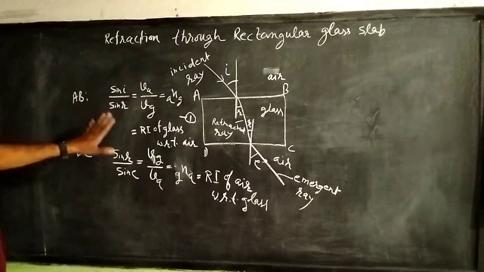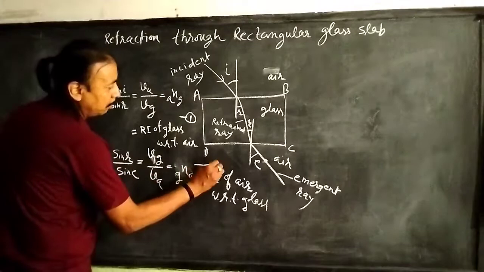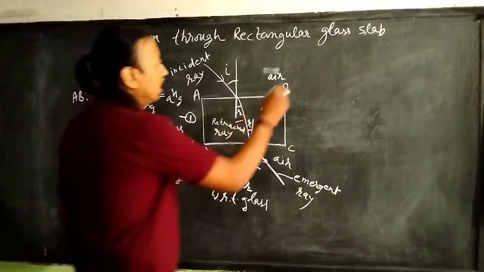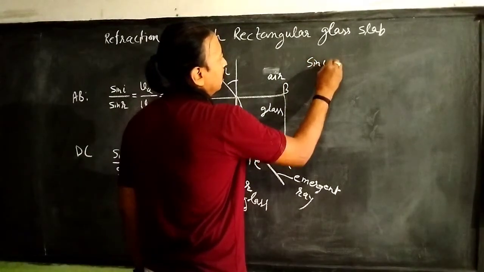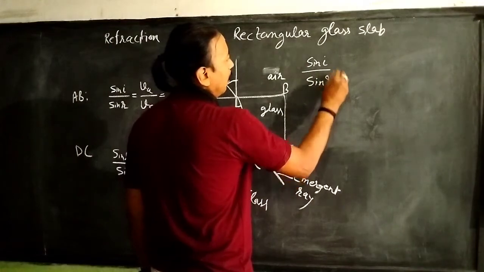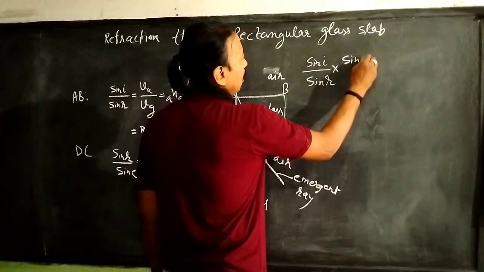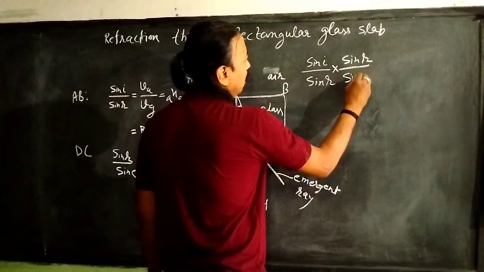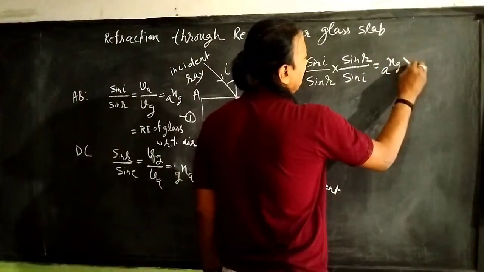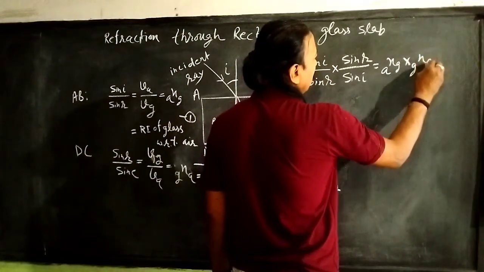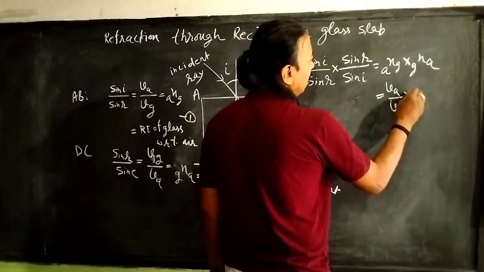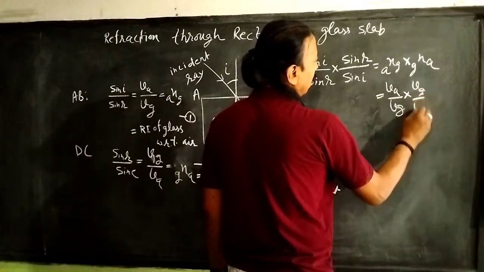This is equation number 2. When we multiply these two equations, we get sin I by sin R into sin R by sin E equal to aμg into gμa, equal to Va by Vg into Vg by Va.